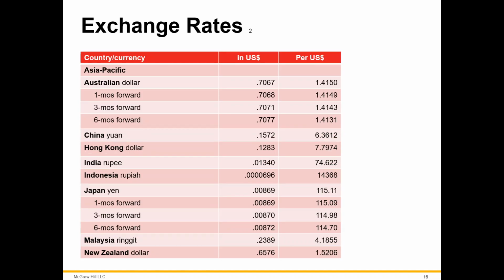So now we can see the Australian dollar with some forward prices. For a long time, the yuan was pegged to the dollar, basically 7 to 1, and it's drifted. So now the yuan strengthened relative to the dollar after the central bank of China let it strengthen a little bit.